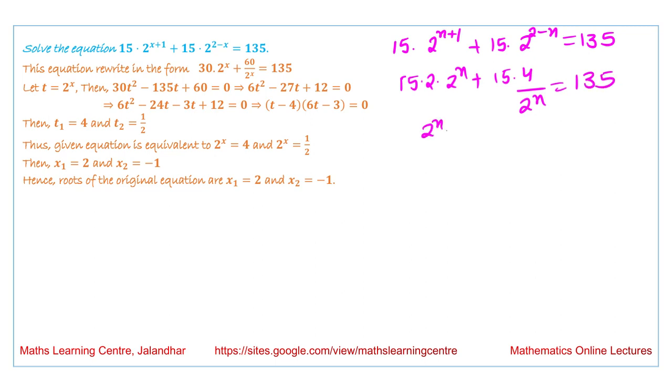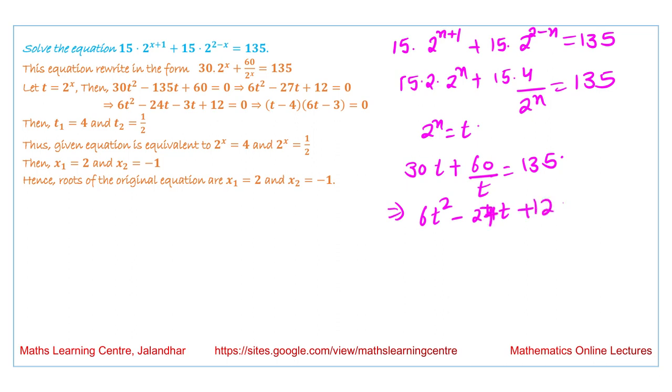If we substitute 2 raised to the power x is equal to t, this becomes 30t plus 60 over t is equal to 135. So this equation becomes 6t square minus 27t plus 12 is equal to 0.